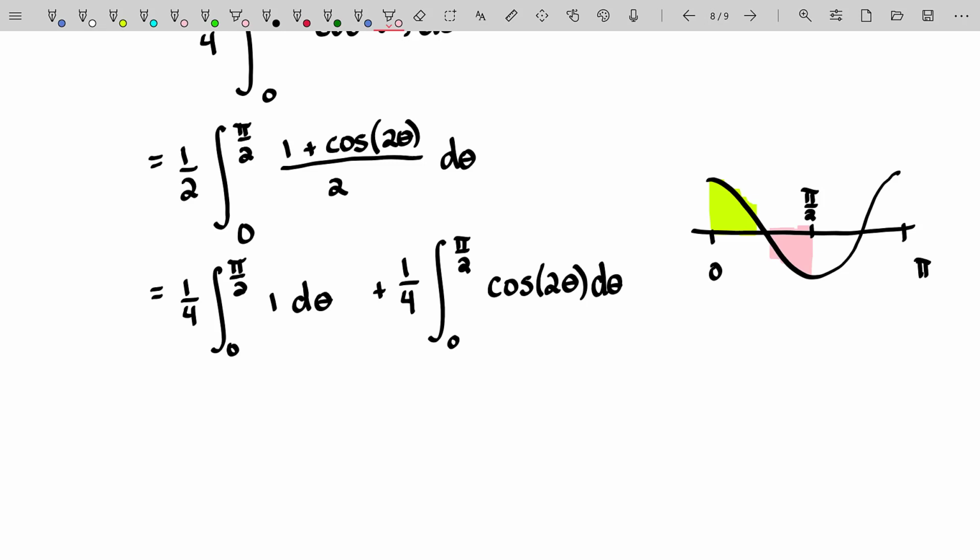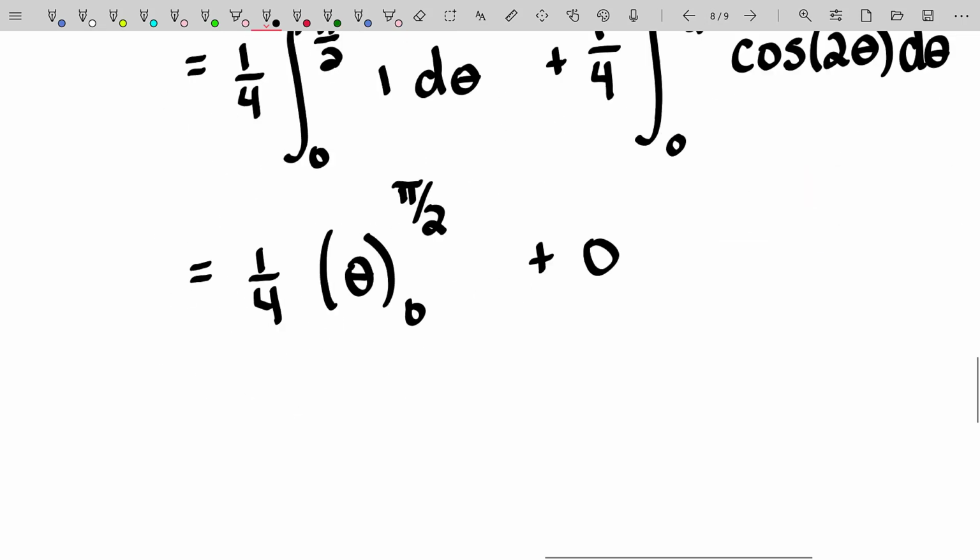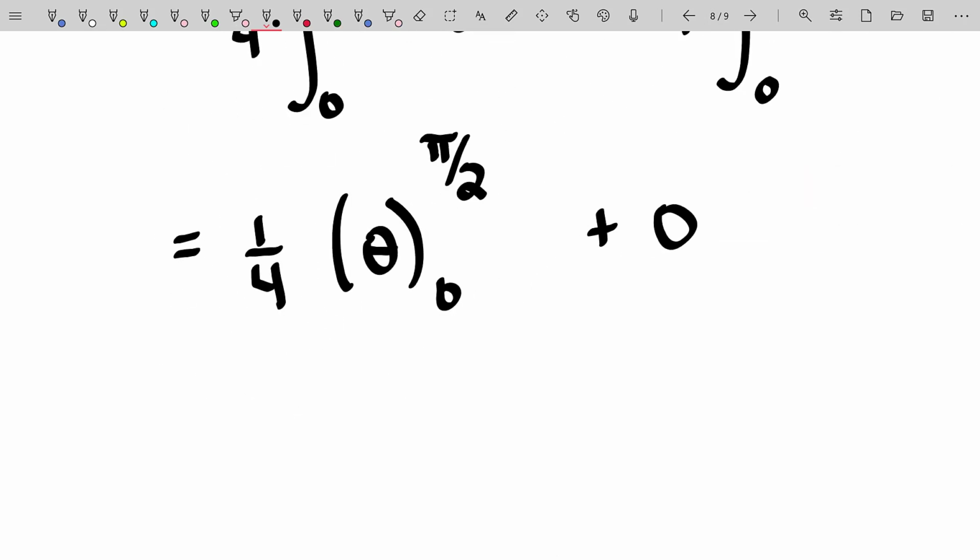I'll keep saying it the entire time that you're watching my videos in integral calculus, because most people tend to avoid thinking geometrically. They just want to barrel through computations, but I'm telling you, it can save you a lot of time if you get used to it. So our integral becomes this right here, 1/4 times theta evaluated from 0 to pi over 2 plus 0, and that's just going to be pi over 8.